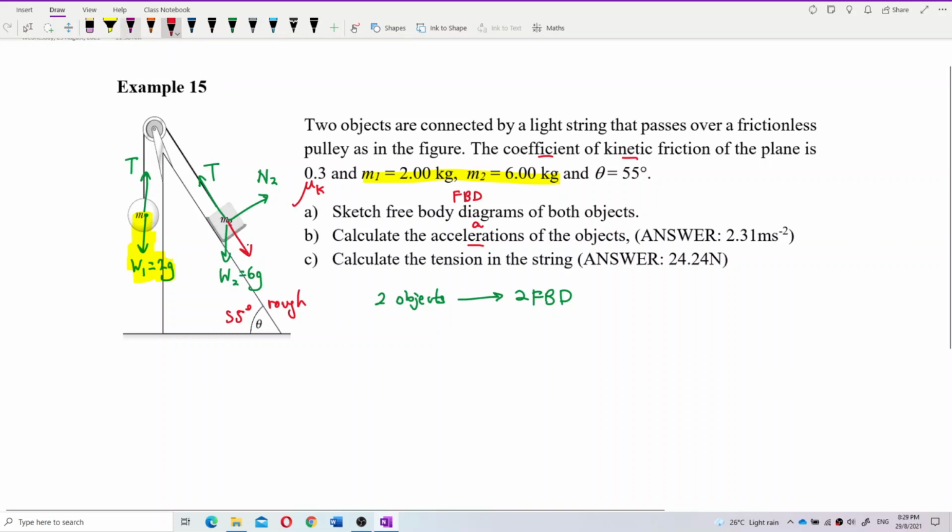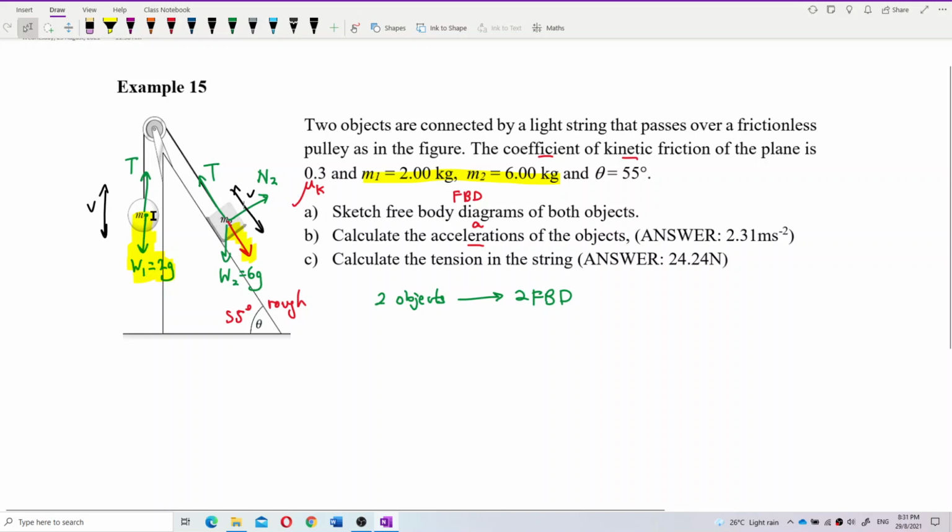Is weight 1 bigger, or is this component bigger, whose direction of motion is this way? We don't know if it is going up or going down. The velocity is this way. These are the two forces that determine which block goes up or goes down.